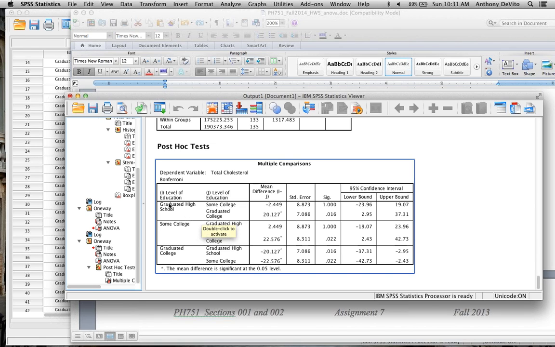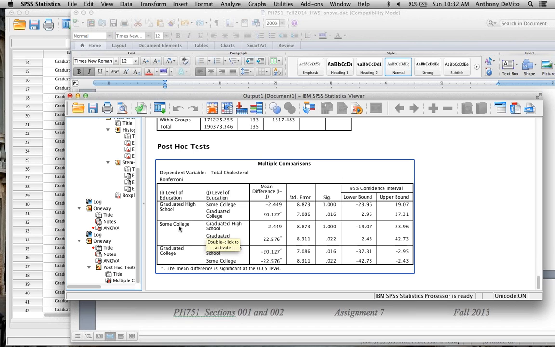But now it has actually looked at the pairs. Let's compare graduated high school with some college. What is the significance there? Well, that's greater than 0.05, so that doesn't seem to help. How about graduated high school versus college? Well, the probability of being wrong, see significance, remember that's our p-value, the probability of being wrong if we reject the null hypothesis, in that case is less than 0.05.